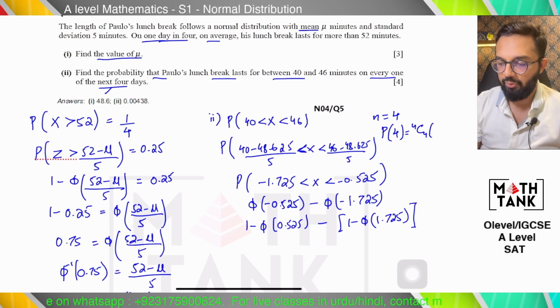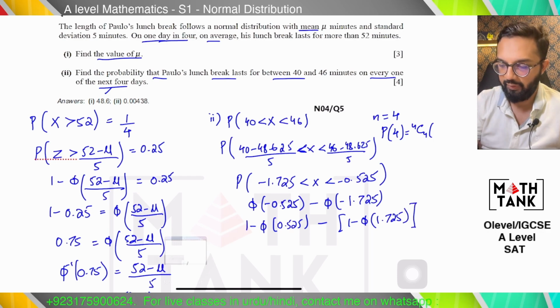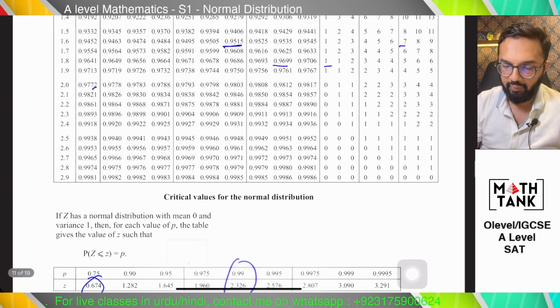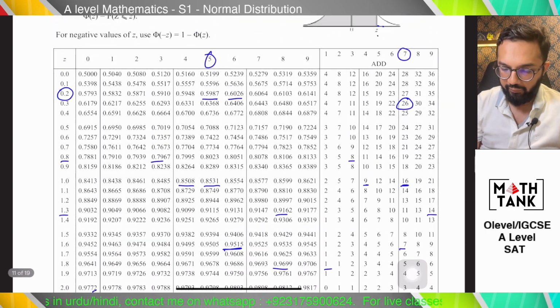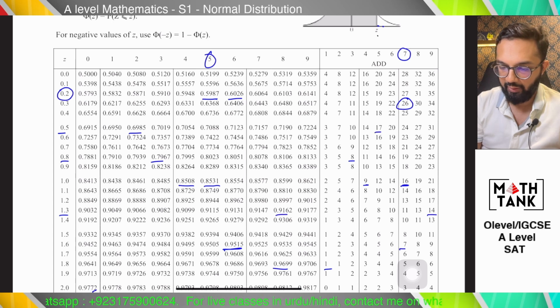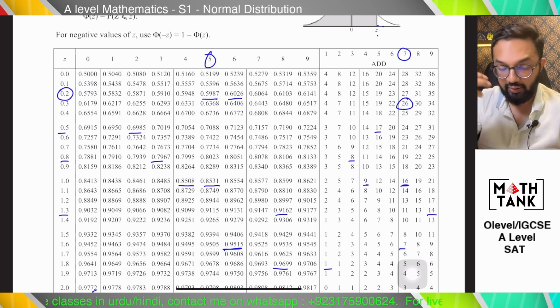Let's calculate both of these from our table first. What's 0.525? 0.525 is 0.6985 plus 17.